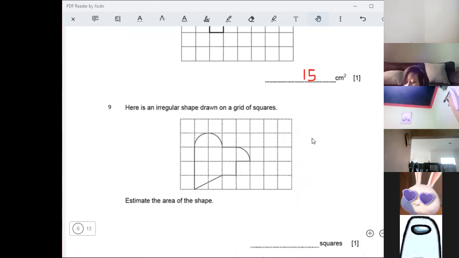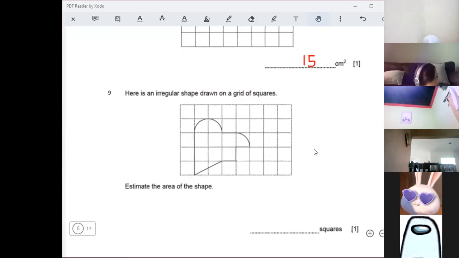Okay, for number 9, it's a bit challenging because that is like a semicircle right here. Yeah, you still remember what is semicircle? Half circle, yeah? Okay, so can you guess, just estimate the area of the shapes. You may write in the chat box again. For number 9.